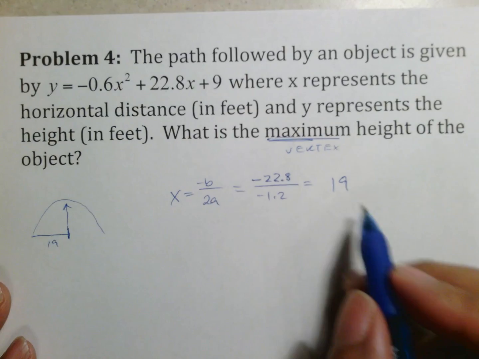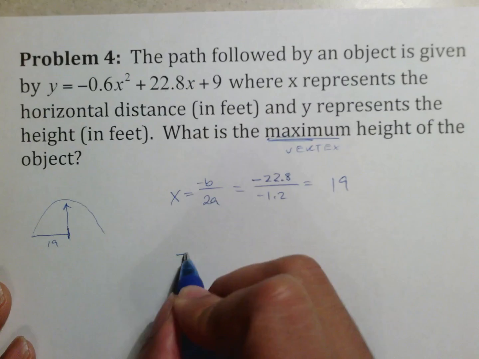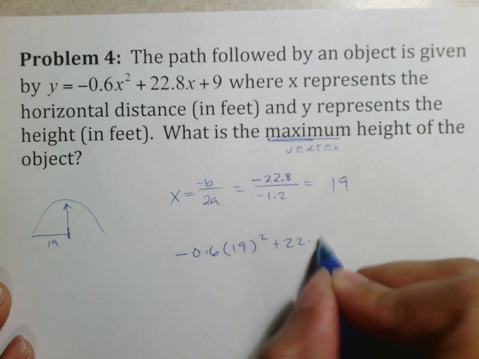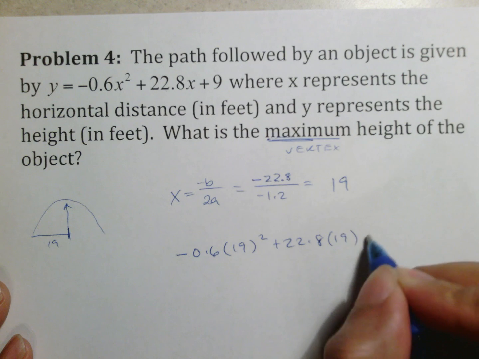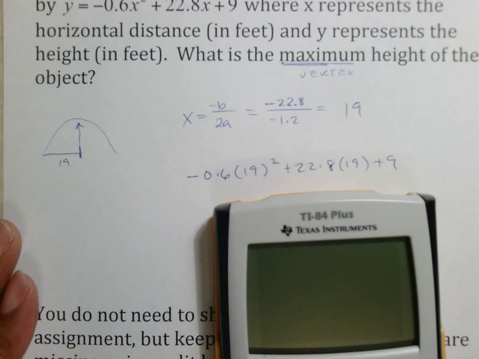In order to find the maximum, remember, I have to now take this 19 and plug it in. So negative 0.6 times 19 squared plus 22.8 times 19 plus 9 is what's going to give me my answer there.